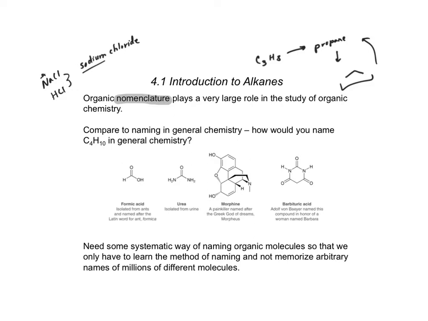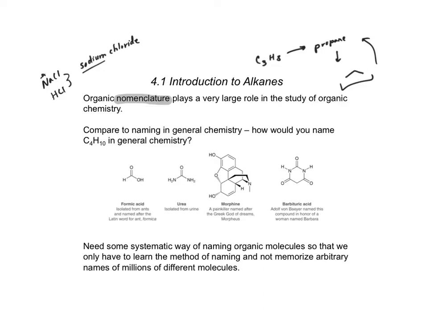That's the purpose. Now, hopefully in the next little bit, I'll be able to provide you with a nice rationale behind why you would need this. So before there were any specific rules with respect to organic nomenclature, people who synthesized or isolated new compounds just named those compounds on their own whims, whatever they wanted to name them.